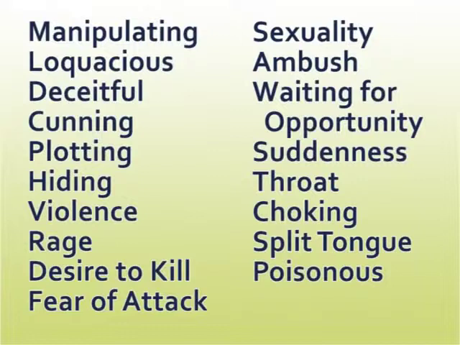We have the ambush and the waiting for the opportunity, the suddenness as well. We have the problems with the throat, with the choking, and we know the tongue, the split tongue, is very important in snake talk and behavior. They are calculative, they are manipulative, and they have, as we say, a split tongue. They can be very poisonous. So this gives us a more general, understandable, and maybe easy to detect overall picture of the snakes.